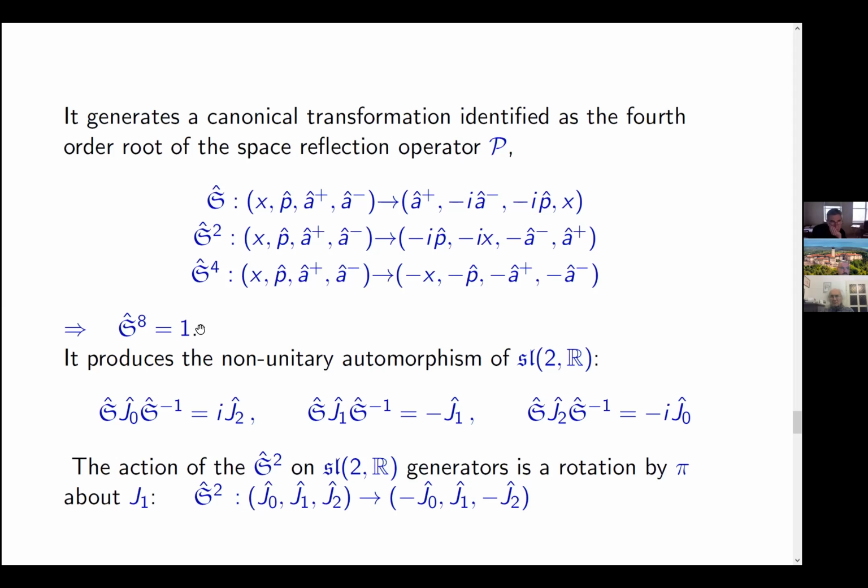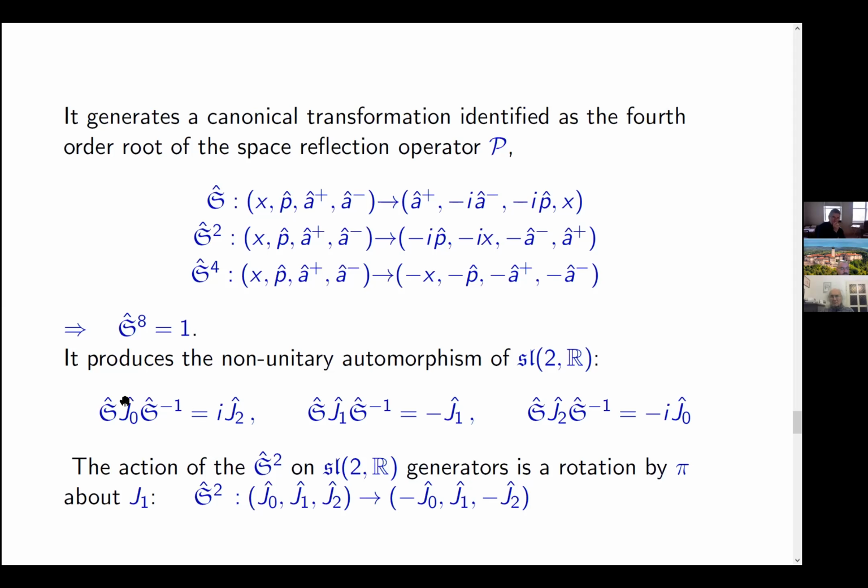On the other hand, when this operator acts on the generators of the SL(2) algebra, you see that it transforms generators into generators, but it transforms a generator of compact nature into a generator of non-compact nature, and vice versa. Also in this transformation there appears the square root of -1.